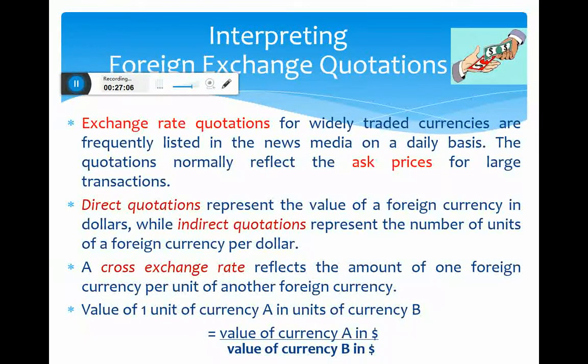The Pakistani rupee is, for example, 170, I think 165, or we can say 1.6 or 0.82, right? So when you divide them, you will get the cross exchange rate.